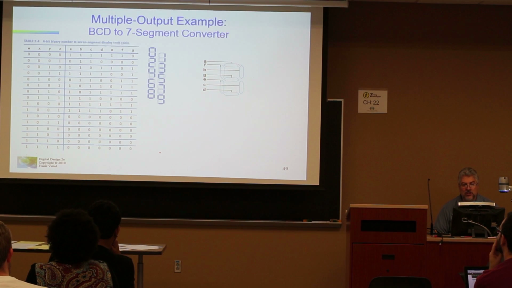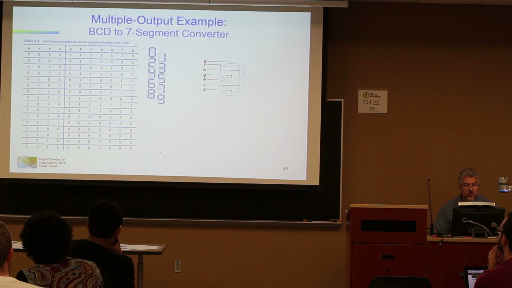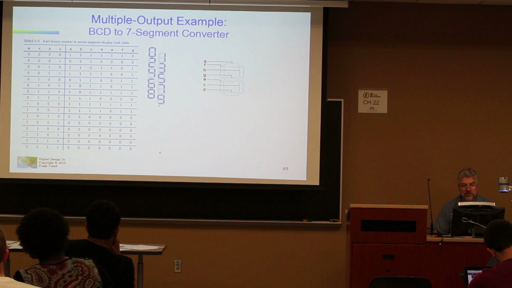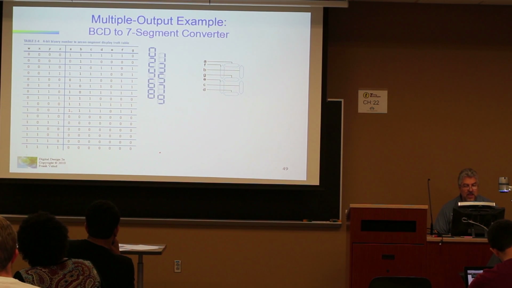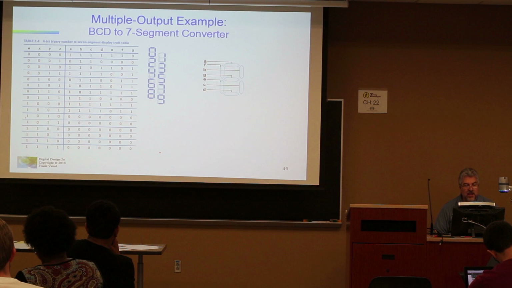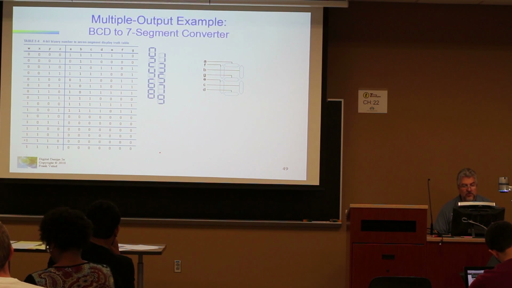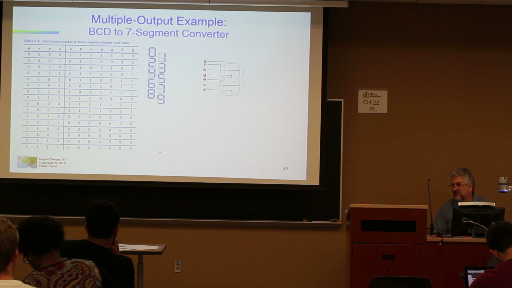So an 8 has all of these lit, so 8 is 1, 1, 1, 1, 1, 1, 1. 9, you notice here, is everything lit but element E. So here's 9. A, B, C, D, E is not lit, F, G is lit. Now notice here, 10, 11, 12, 13, 14, 15, they don't really exist, do they? Correct?